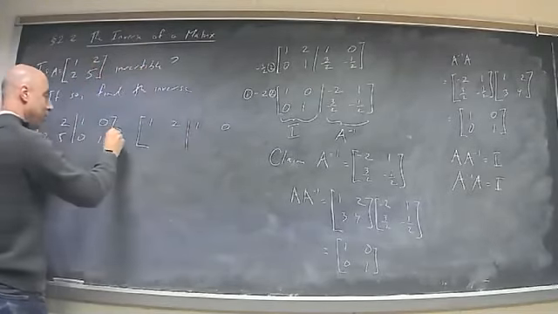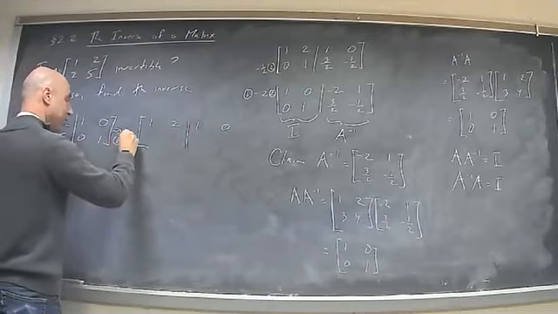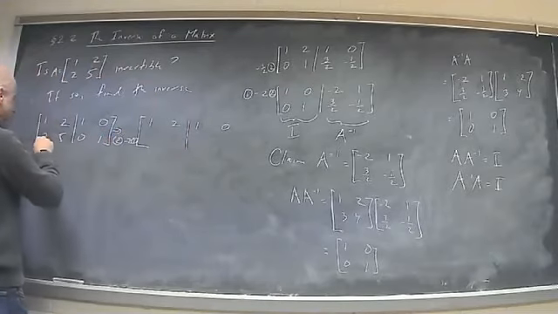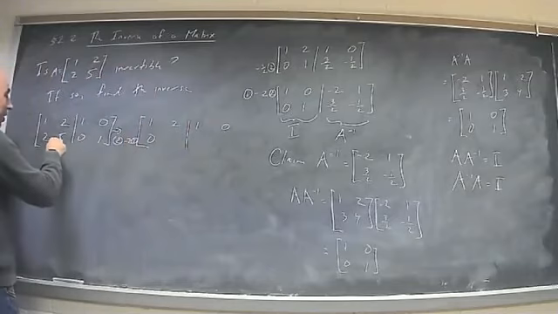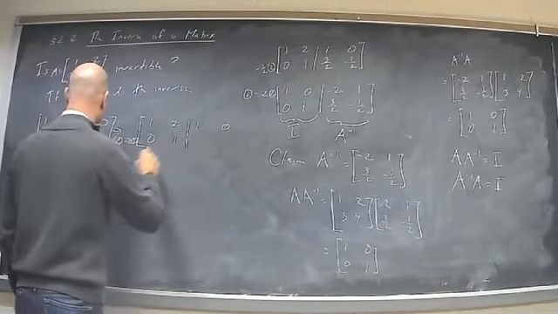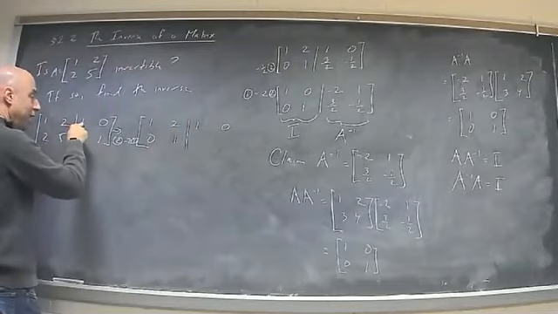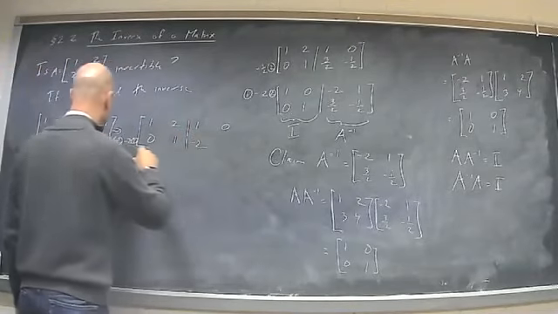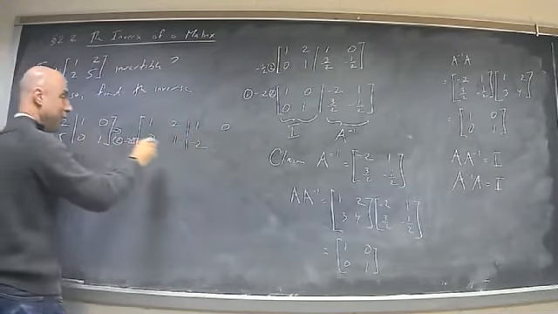So we have row 2 minus 2 times row 1. So that's 2 minus 2 times 1 is 0. 5 minus 2 times 2, so that's 5 minus 4 is 1. 0 minus 2 times 1 is minus 2. 1 minus 2 times 0 is 1.